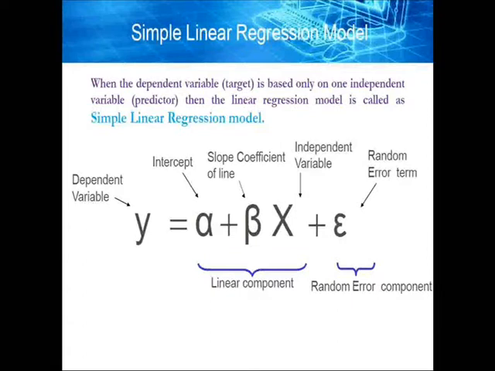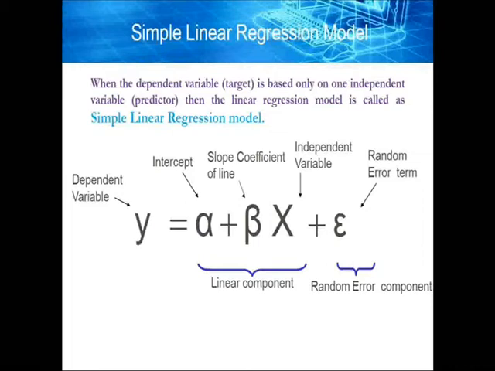As we observe here, a single independent variable X is represented. So we can define that when the dependent variable or target is based only on one independent variable, that is the predictor, then the linear regression model is called a simple linear regression model.